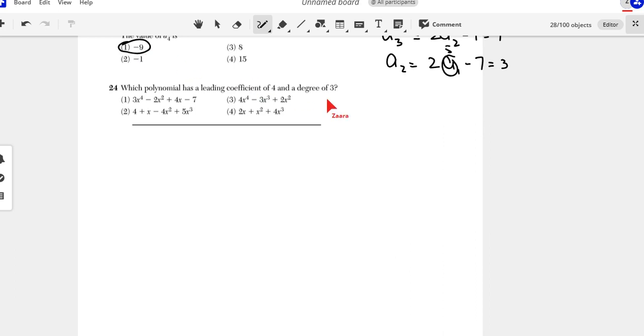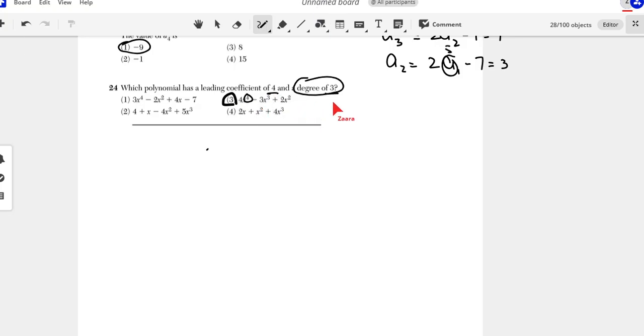Question 24. Which polynomial has a leading coefficient of 4 and a degree of 3? I got C. Its degree needs to be 3. For that one, its degree is 4.